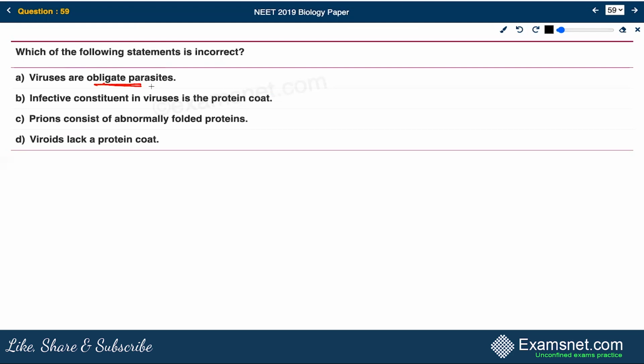So they are very much concerned with their specific host. Viruses are considered an obligate parasite because they possess a specific host, and for this reason only they are considered an obligate parasite. So this is a correct statement.